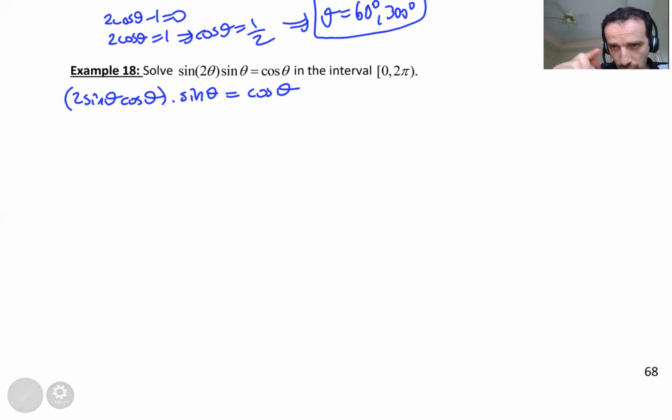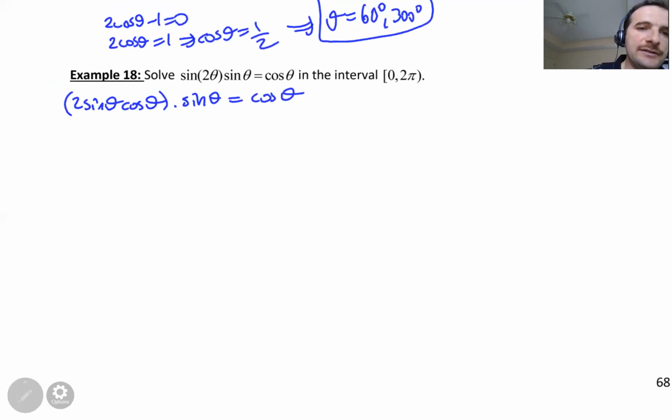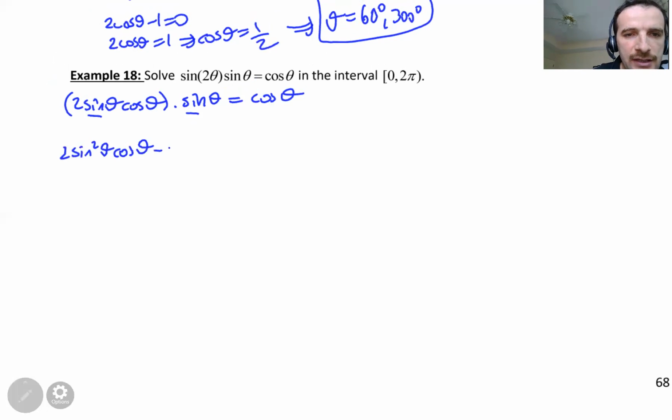So try to collect all the terms on one side. So to do so, let me move that cosine to the left, okay? And first of all, I can group this 2 sine, right? So it will be 2 sine squared theta cosine theta minus cosine theta is equal to 0. And I can now factor out cosine theta.